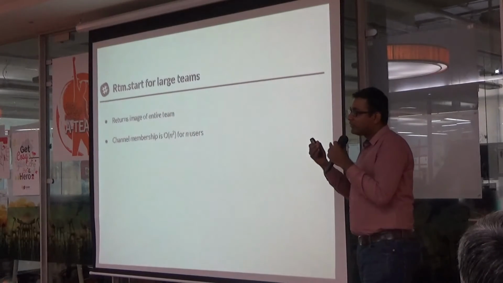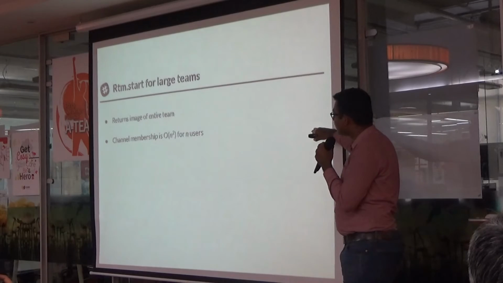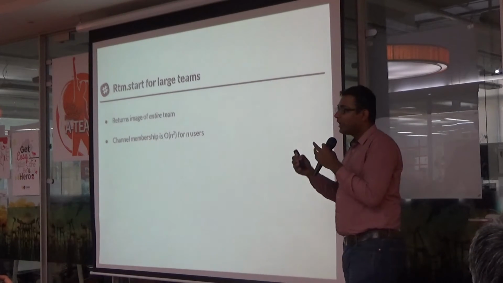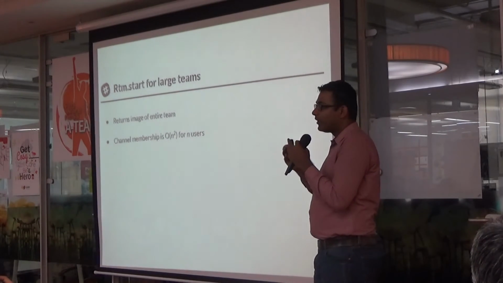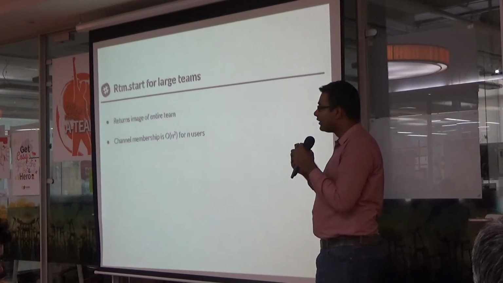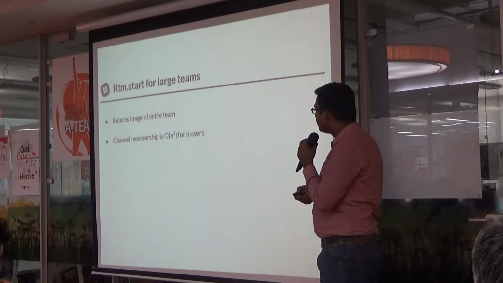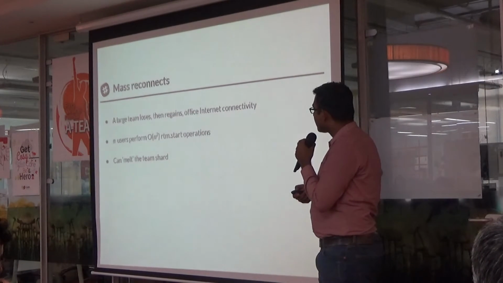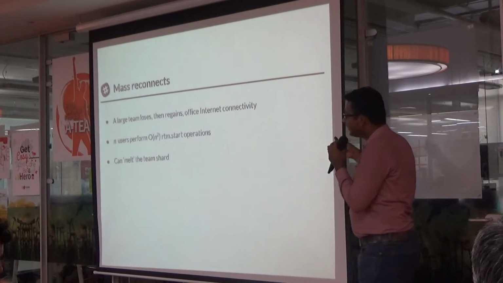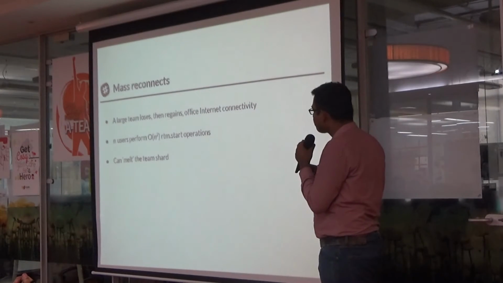Next, the large RTM start, the first frame sent. They have done some heuristics, and it says that the first frame is of the order of n squared in the number of users. So as users increase, it increases n squared in size. And obviously, mass reconnect is connected in some way to the large RTM start frame.